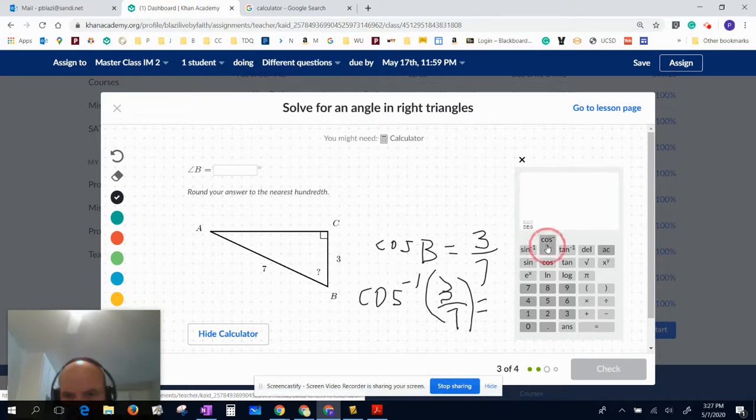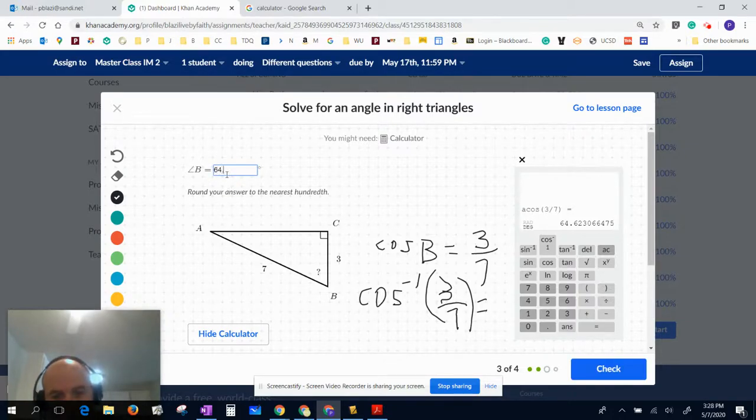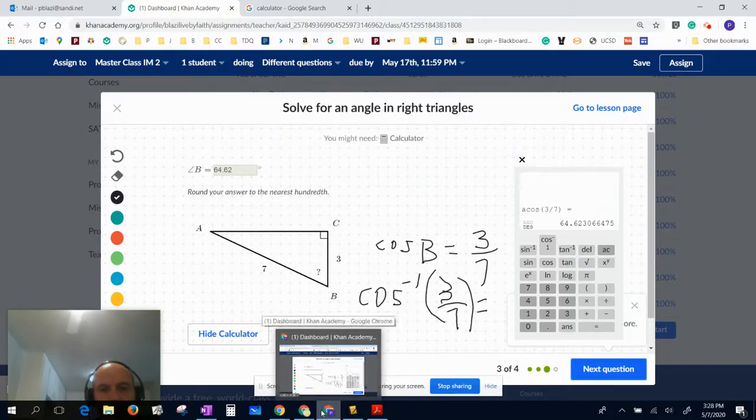You can see here, it already has that in there for you. So inverse cosine of 3 over 7 equals 64.62, right? And there we go. Okay. All right, that's it for the Khan Academy examples.